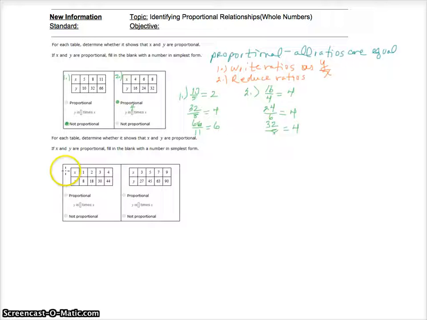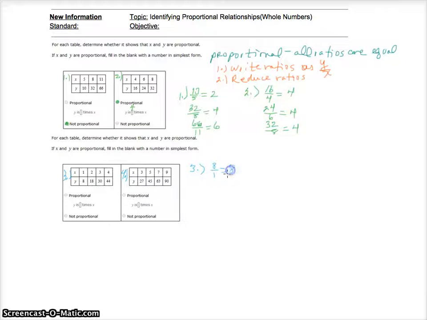So let's label these 3 and 4. For 3, I'm going to write my ratios as x to y. So I'm going to write 8 over 1.